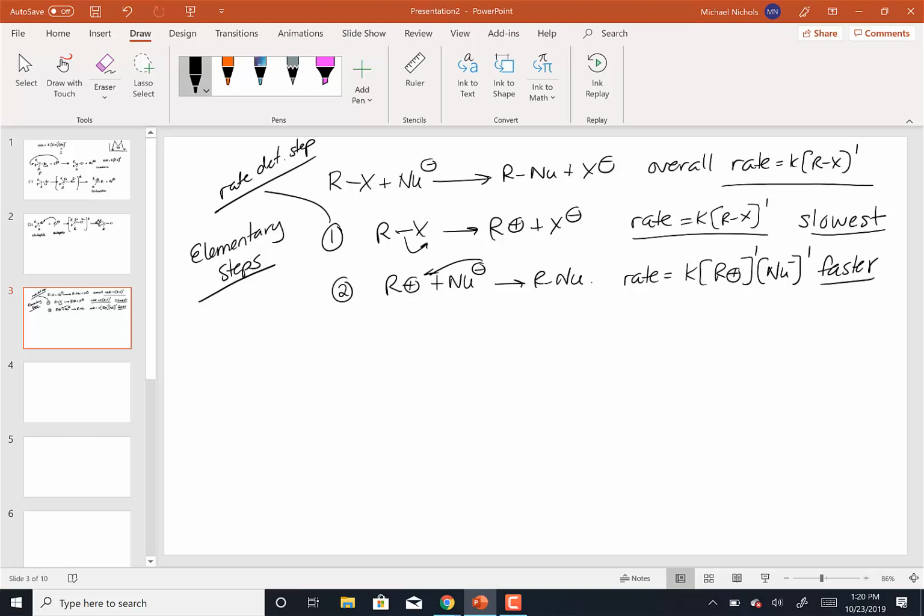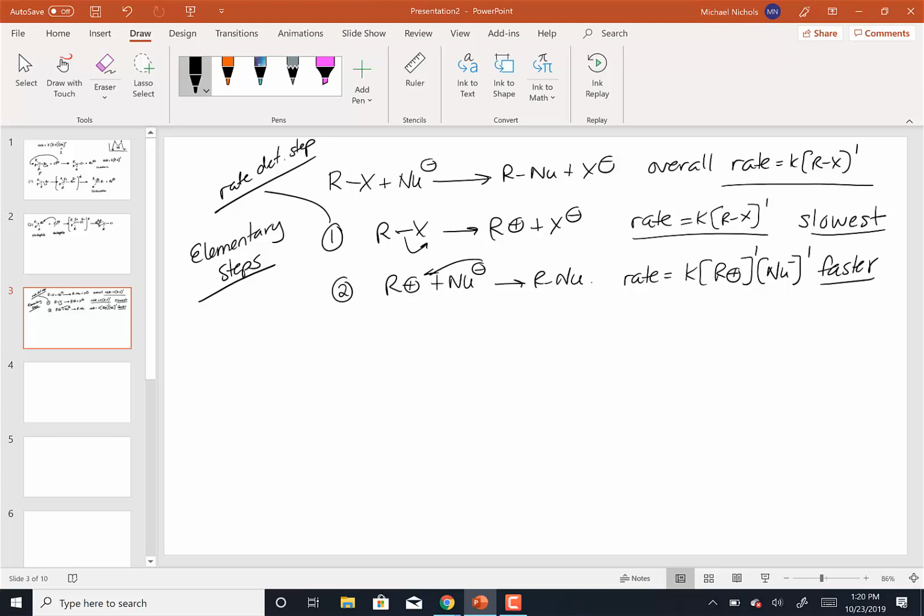And so for this reaction, if I said, okay, here's my proposed 2 steps, I would say, I think I'm right because in this case, the slowest step has a rate equation that equals the overall rate equation. Or better yet, I proposed a step where its rate equation equals the overall rate equation. If I propose a bunch of steps and the rate equations don't equal the overall one, they're probably not the correct steps.